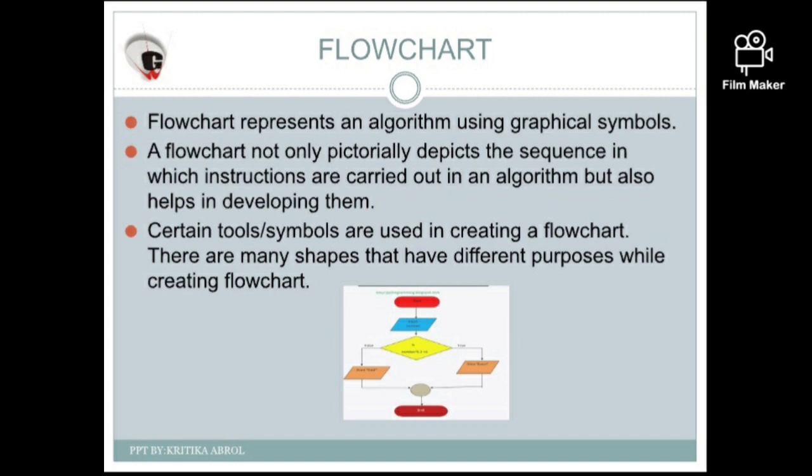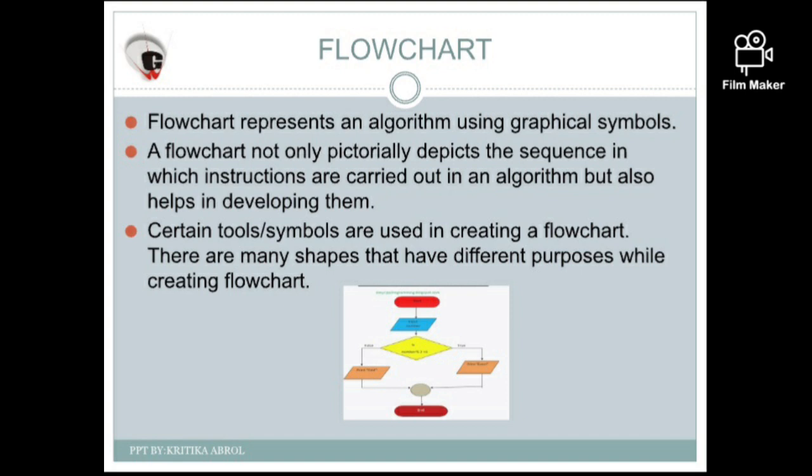An algorithm uses a complete set of statements, but in a flow chart, we use certain symbols, and inside those symbols, we only write keywords which will be easily understood by the user, and hence we will get a graphical representation of the steps that need to be followed for creating any program.